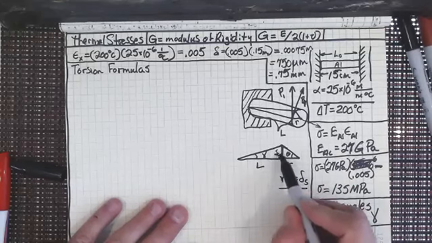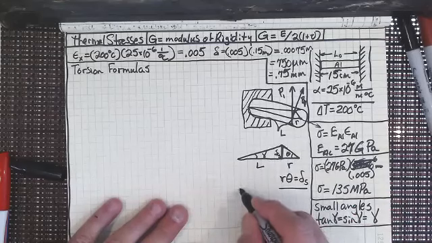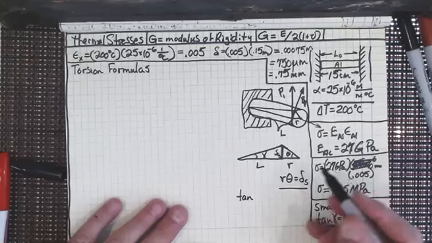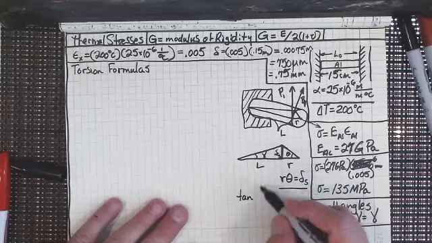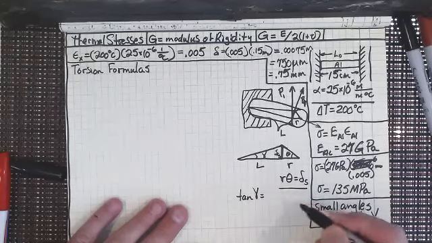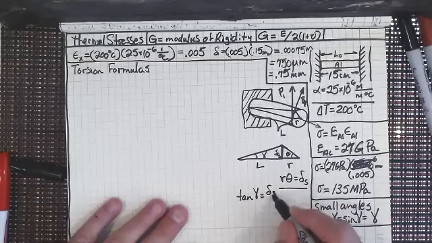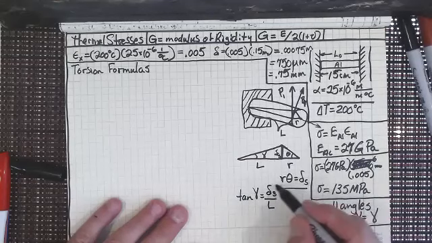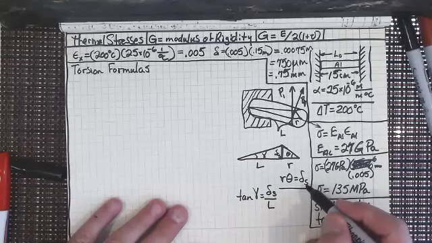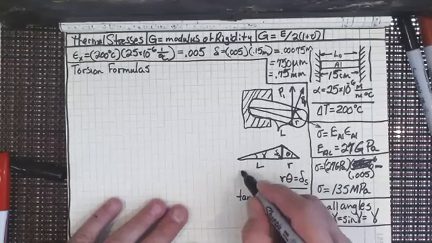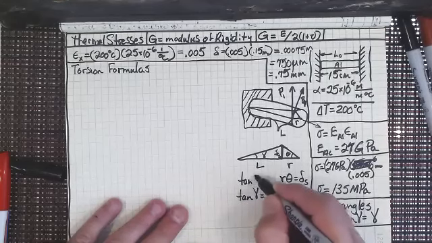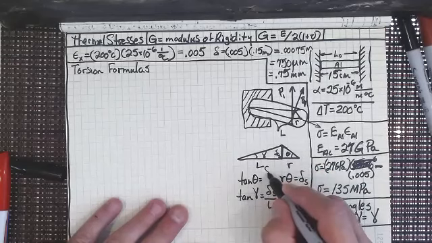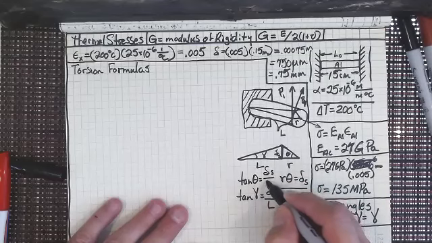For a small angle over here, we can say that the tangent of gamma equals delta sub s over L. In fact, we really are using the same thing over here, aren't we? We're really saying that the tangent of theta equals delta sub s over r.